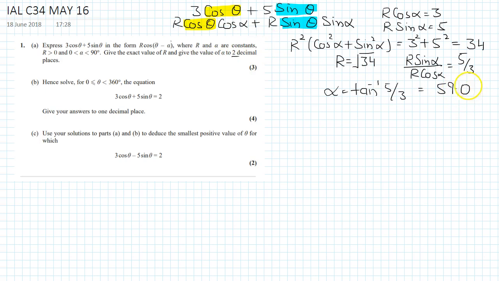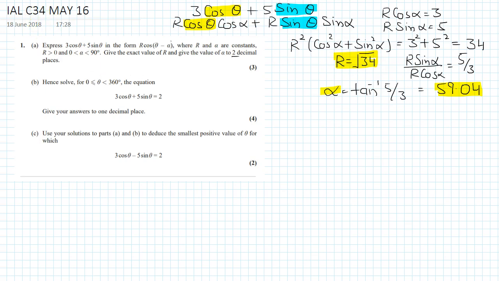So that is the answer of the first part. Alpha is 59.04 and R is equal to root 34.